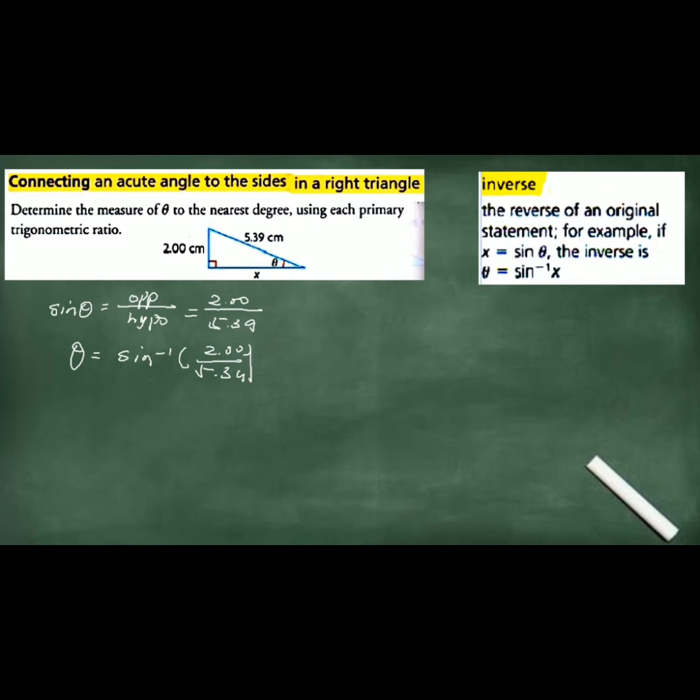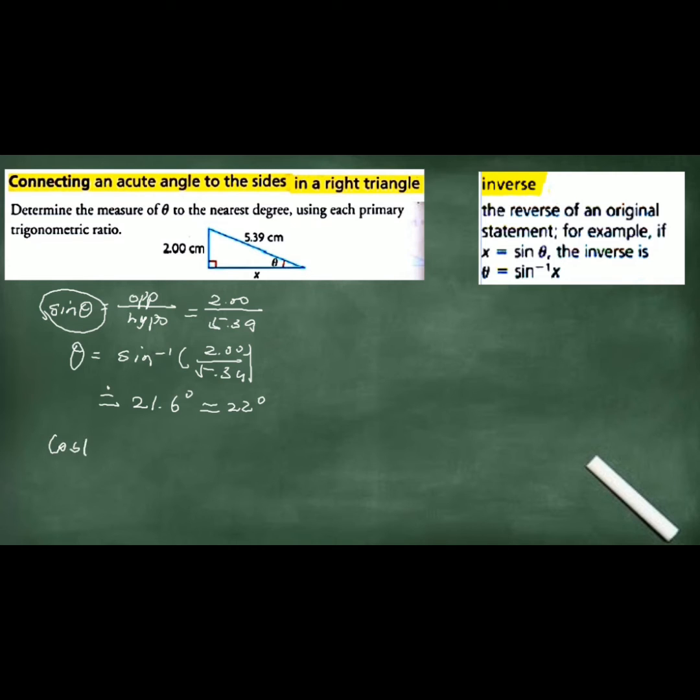Using a calculator, theta is about 21.6 degrees, so around 22 degrees. So we used sin theta to determine the angle, and it's 22 degrees.